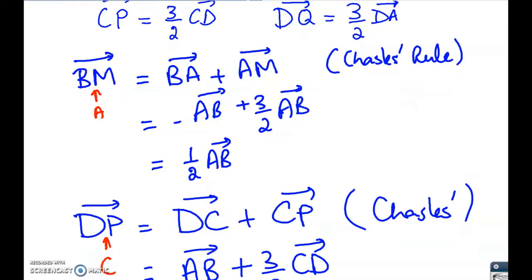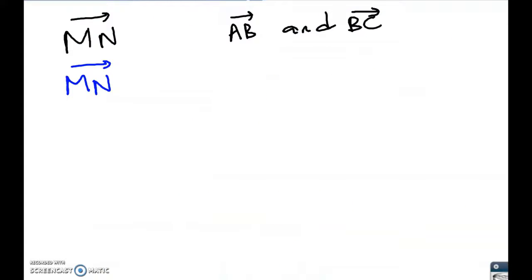So I have MN, I want to find MN, and I know BM in terms of AB. So I think of inserting letter B here to get BM or MB, which is the opposite of BM. If I insert this letter here, I would get MB plus BN.